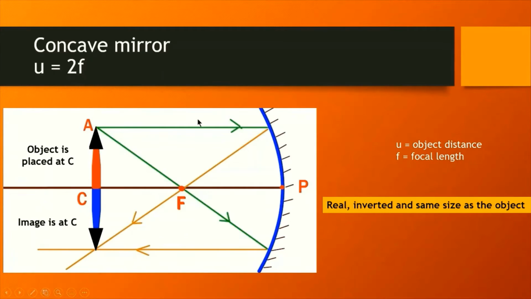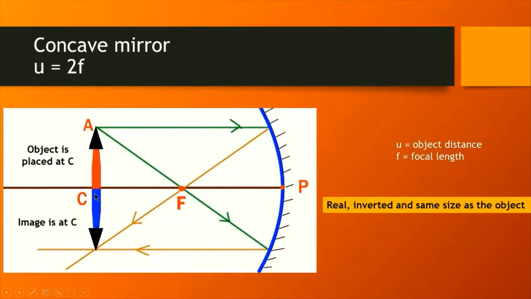Okay, let's look at another case. What if the object is placed at exactly 2f? It is placed at C, the center of curvature. Same method, we draw ray P reflected towards F and ray F reflected parallelly.